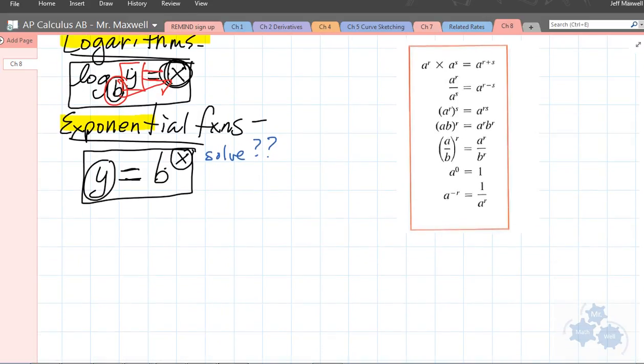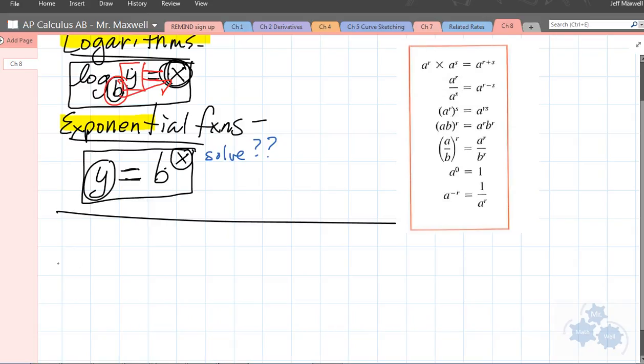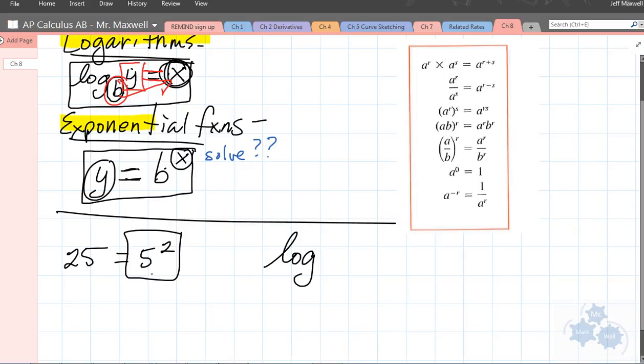So if we do some actual real life examples here, let's say 25 is 5 squared. All right? So if we write this in logarithmic form, what's the base here in this expression? If we've got a power, what's the base? Yeah, the power is over here, the base is 5.